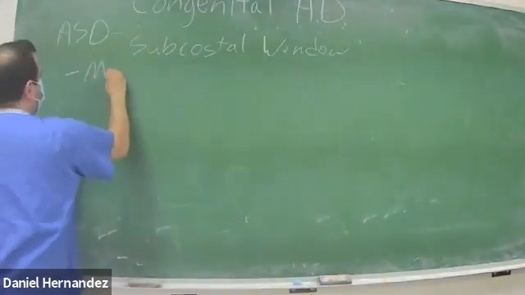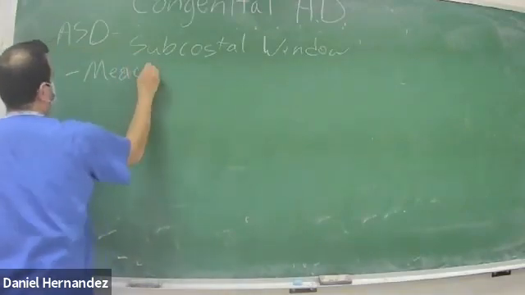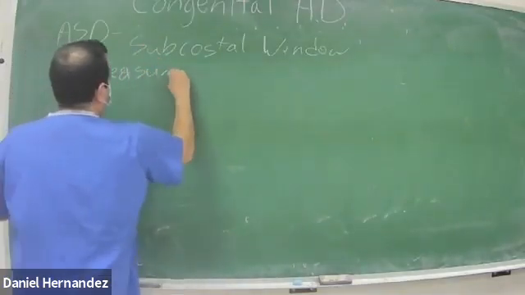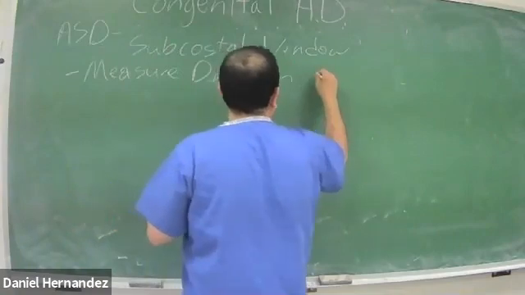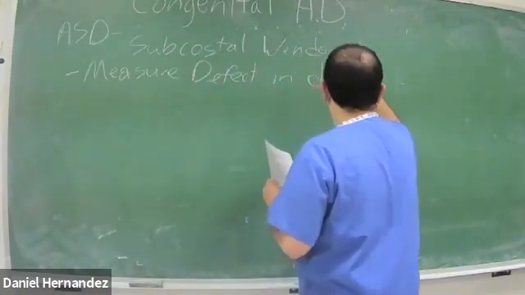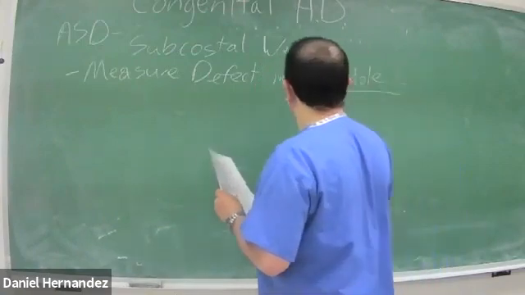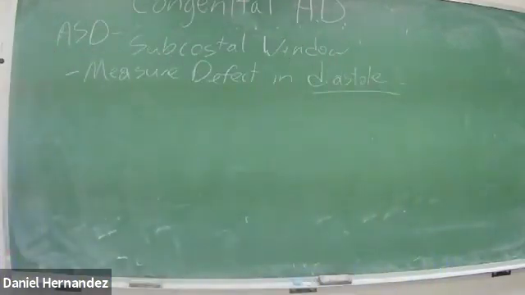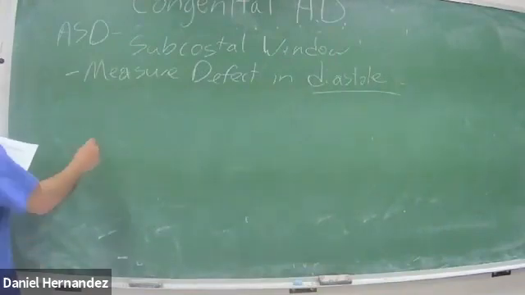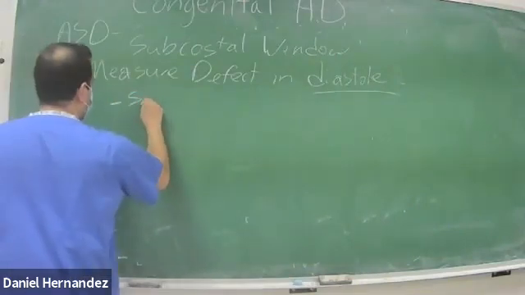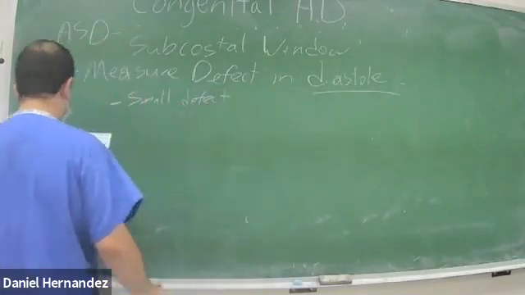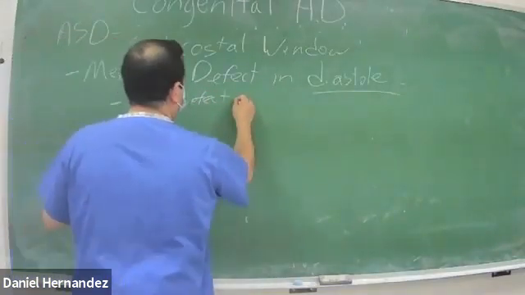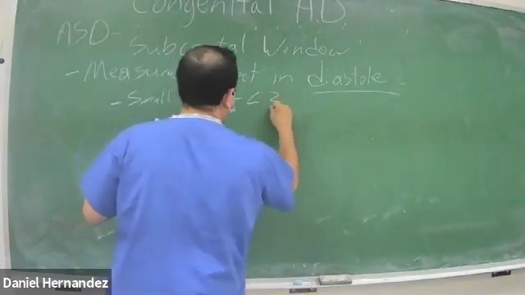So we measure the defect in diastole. A small defect is less than 3 millimeters.